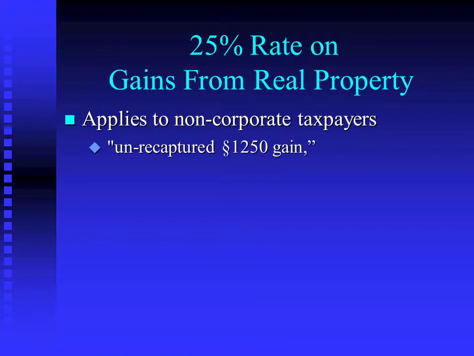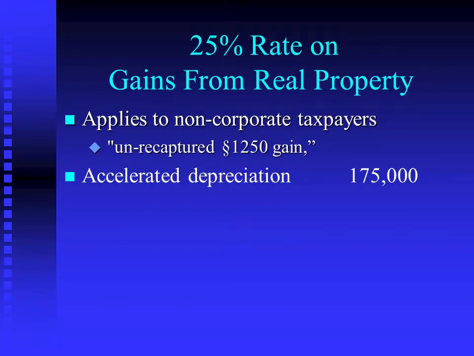So in our prior example, we had 175 and then we only recaptured 20,000. So the difference would be our unrecaptured net Section 1250 gain. That's the amount that's going to be taxed at the special tax rates. The even shorter version of that is we're talking about straight line depreciation. So the straight line depreciation relating to buildings will be taxed at 25%.